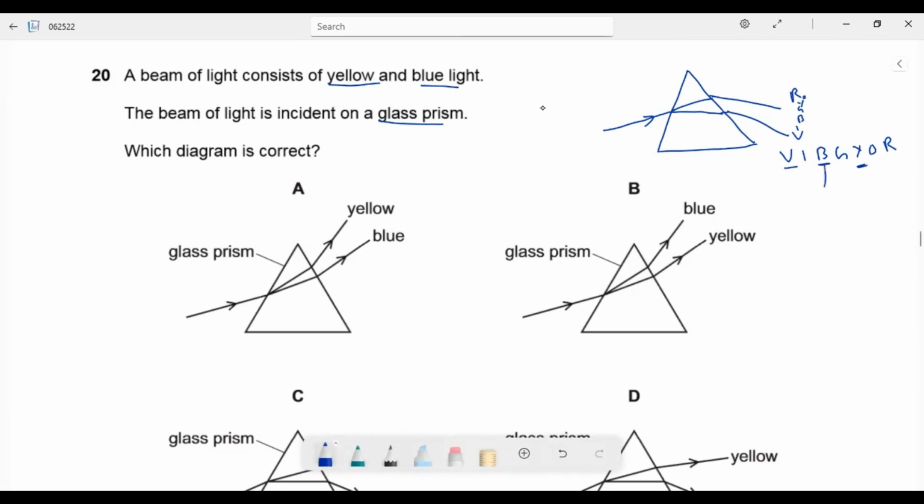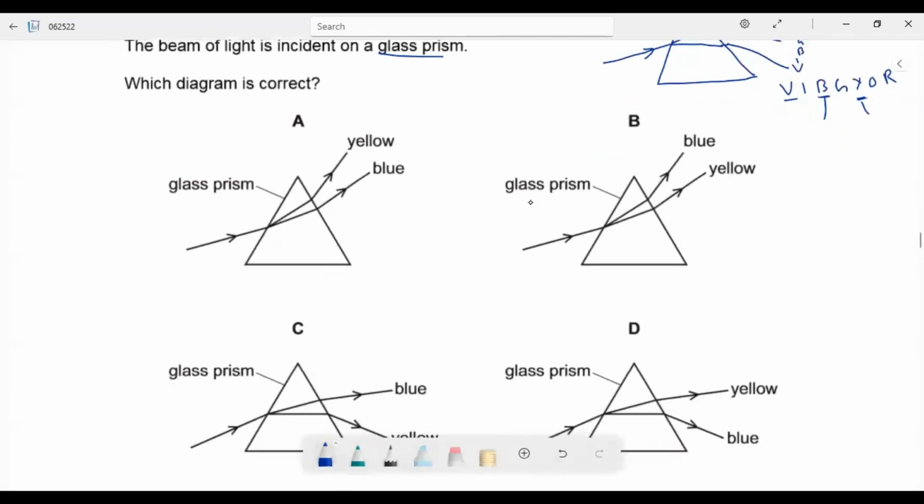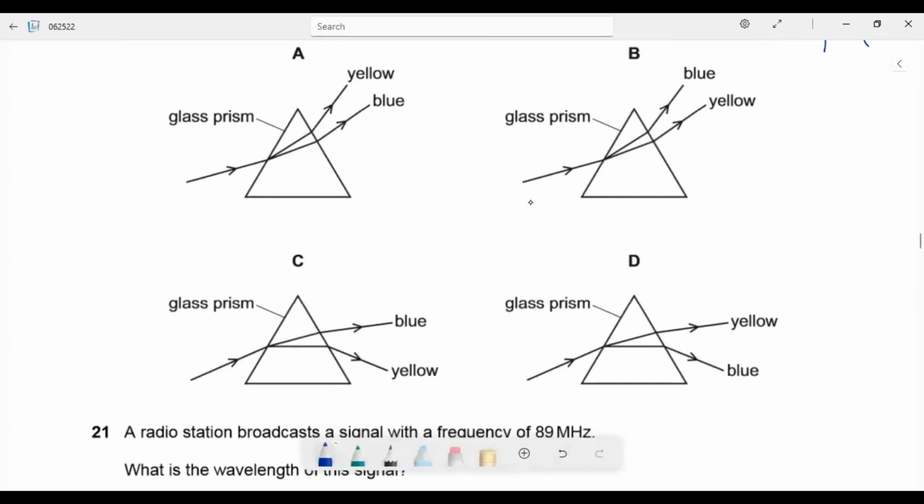So blue will be most deviated and yellow will be less deviated. This is the right option, D. Blue is most deviated and yellow is less deviated.